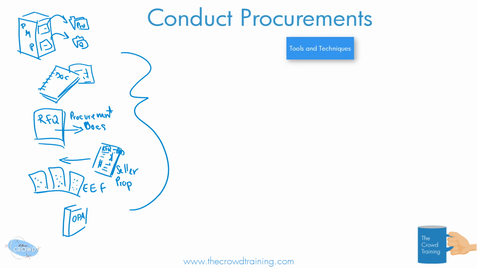Well, if you are sending these bids out, you've got to communicate it in some way. You've got to let people know that it is available, that it is going on.